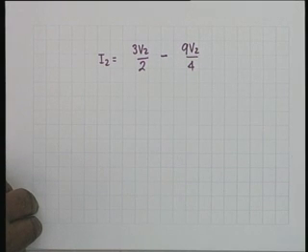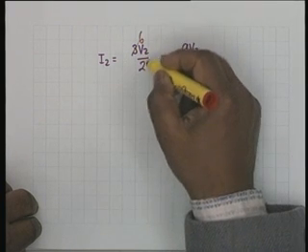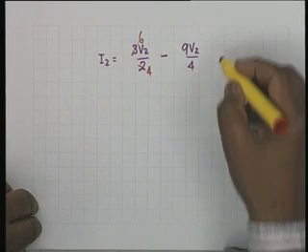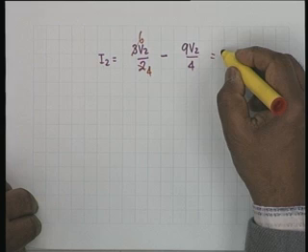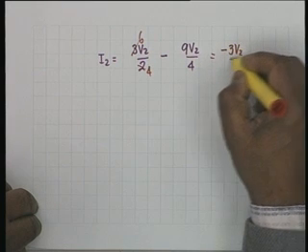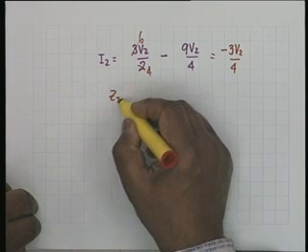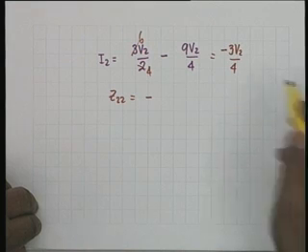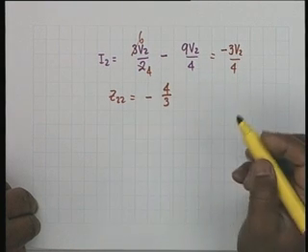And I can write this as 6V2 by 4. Therefore, this is equal to minus 3V2 by 4, and therefore Z22 is equal to minus 4 by 3.